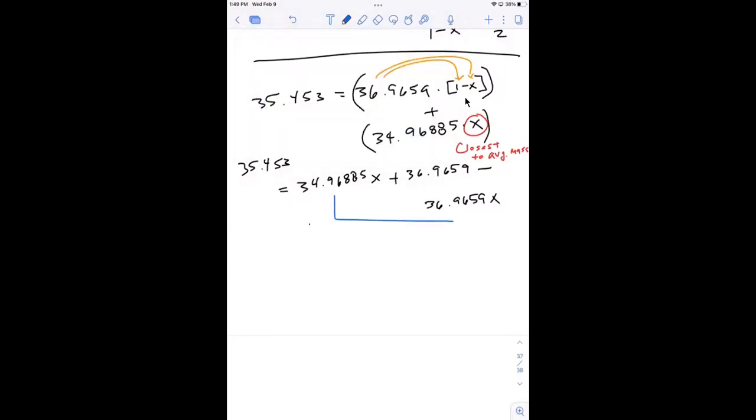So we're going to combine these two. Can somebody calculate that real quick? It's going to be a negative number now because this is minus 36.9659, because of the negative sign in front of the x up top, the 1 minus x. Can somebody calculate that real quick?